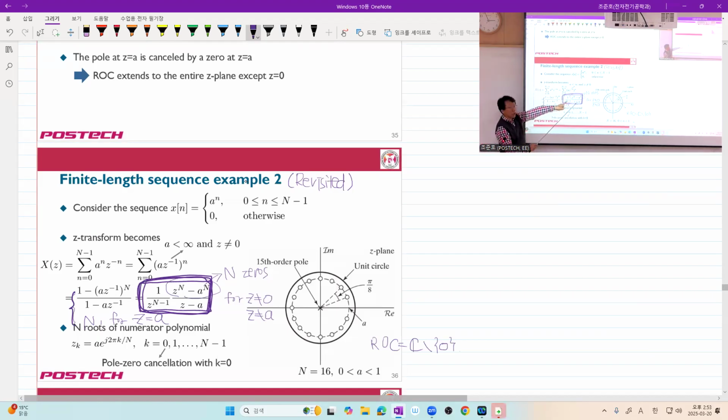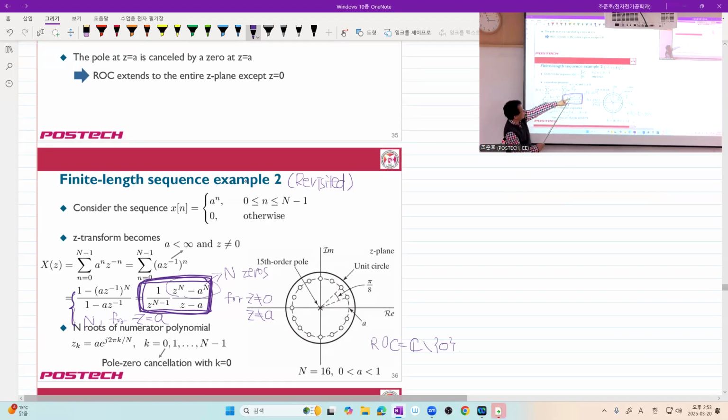If you just take a look at this one, how many zeros and how many poles, and where they are located. Here we have an n minus 1th order pole located at the origin. If n equals 16, you have a 15th order pole here, right?